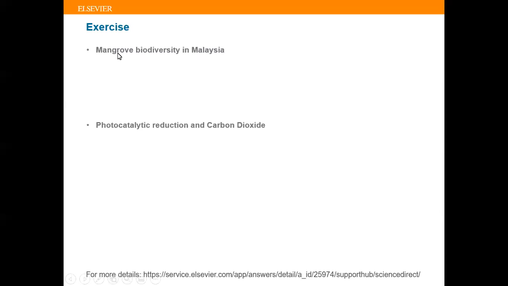One is if you're doing research on mangrove biodiversity in Malaysia. Another one is on photocatalytic reductions and carbon dioxide. So you can try to search it.